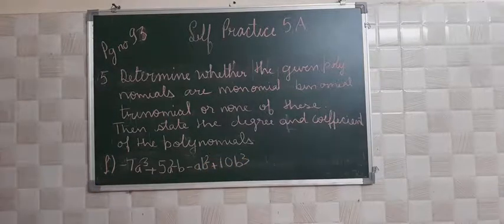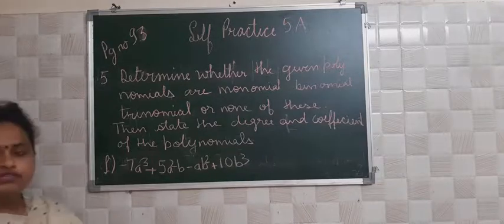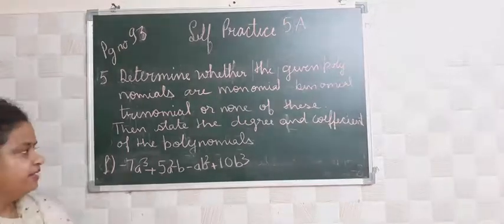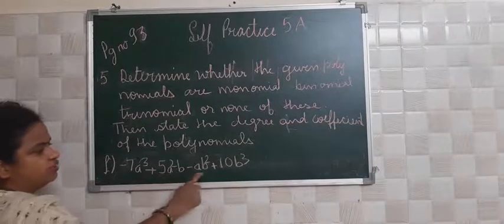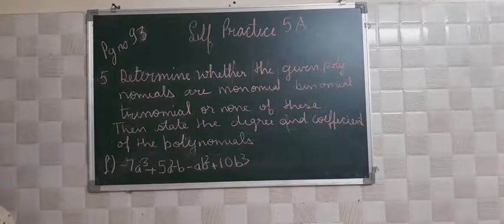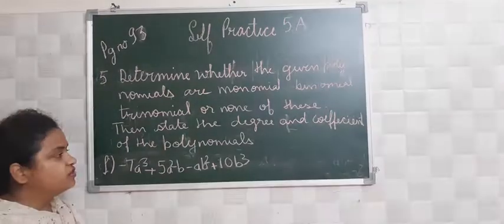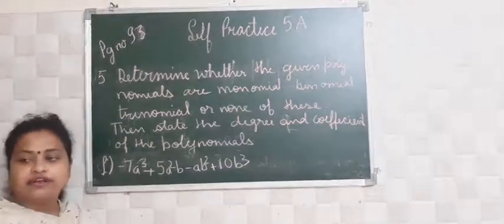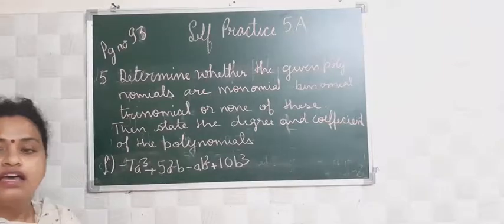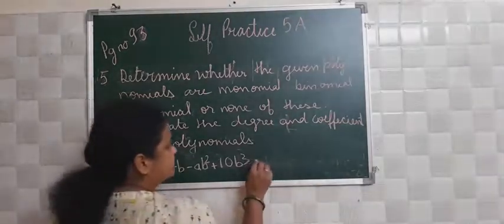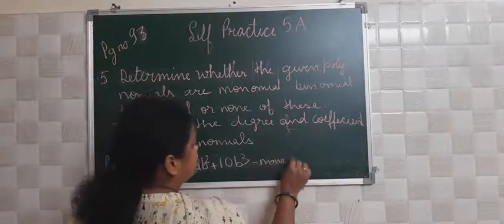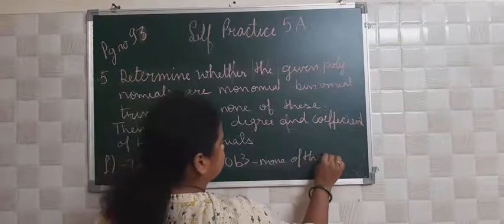Now see here, how many terms are coming here? 1, 2, 3, 4. But we have to tell monomial, binomial, trinomial or none of these. It is not monomial, binomial or trinomial. What will it be? It is none of these.